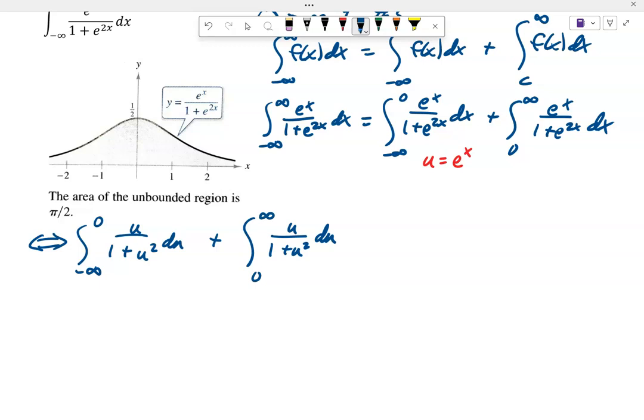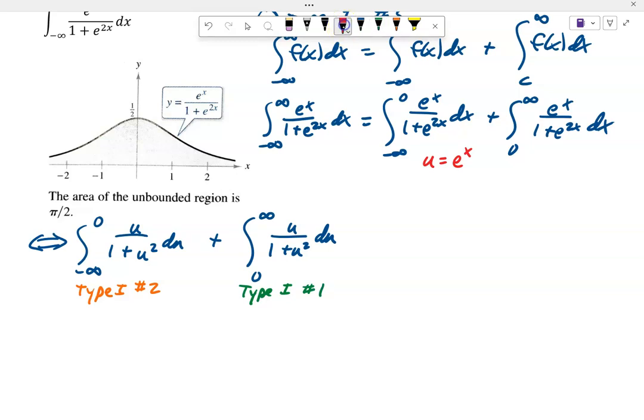And so here on the left, this is a type 1, but this is a number 2. I'm going from negative infinity to a value. This is a type 1, but 0 to infinity. This was the number 1 that we've been doing so many of. All right.